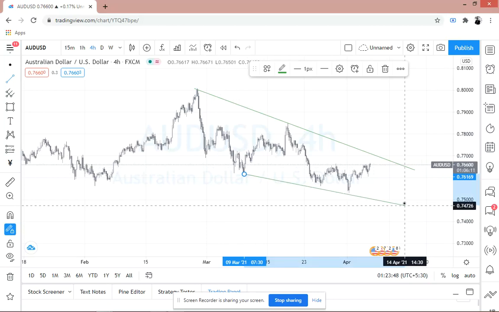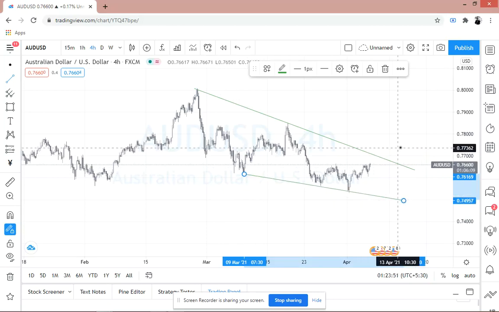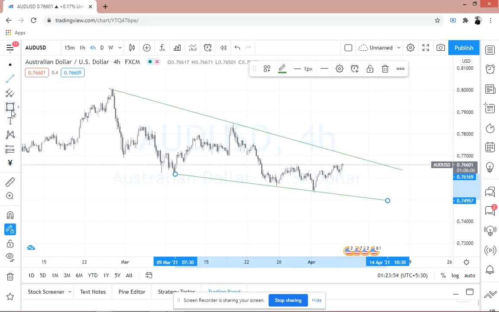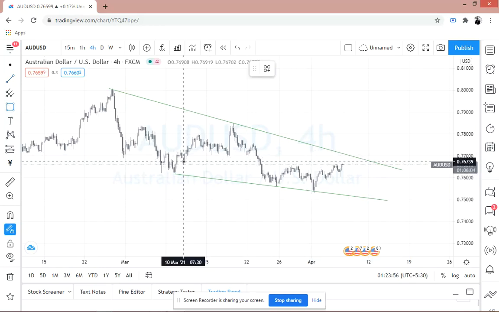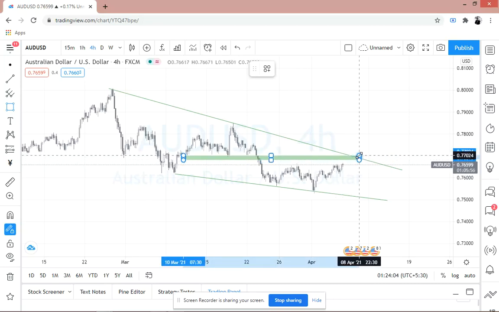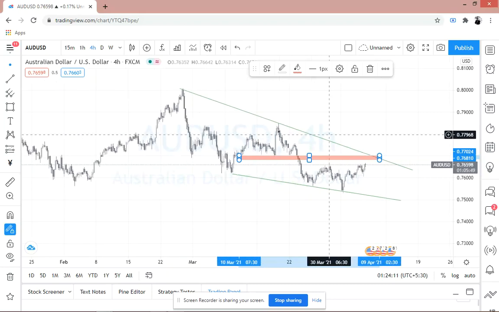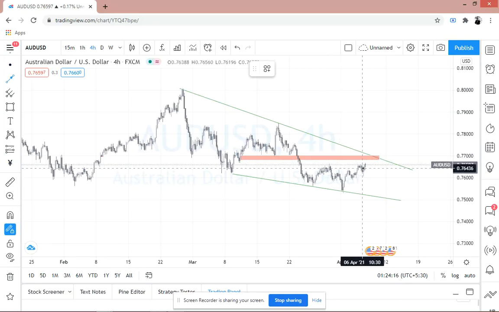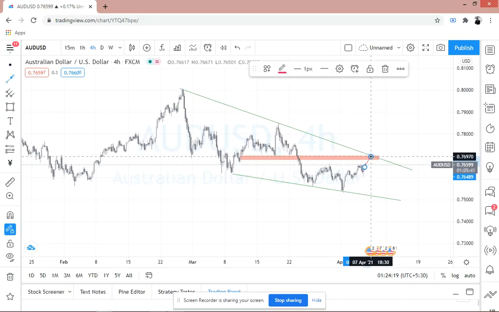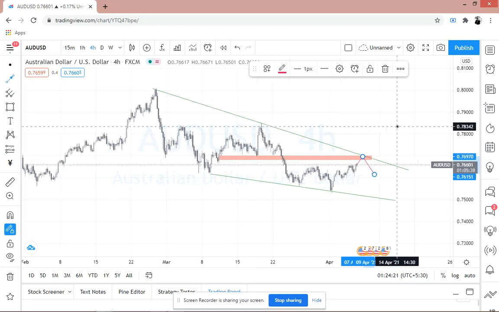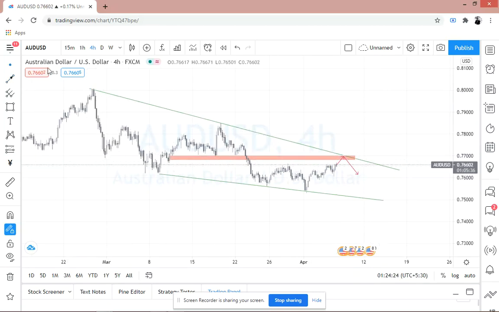We have some bias on this area, some resistance zone. This is a downtrend, so I expect the market to go up a little bit and make a strong downtrend. So this is the movement I'm expecting on AUD.